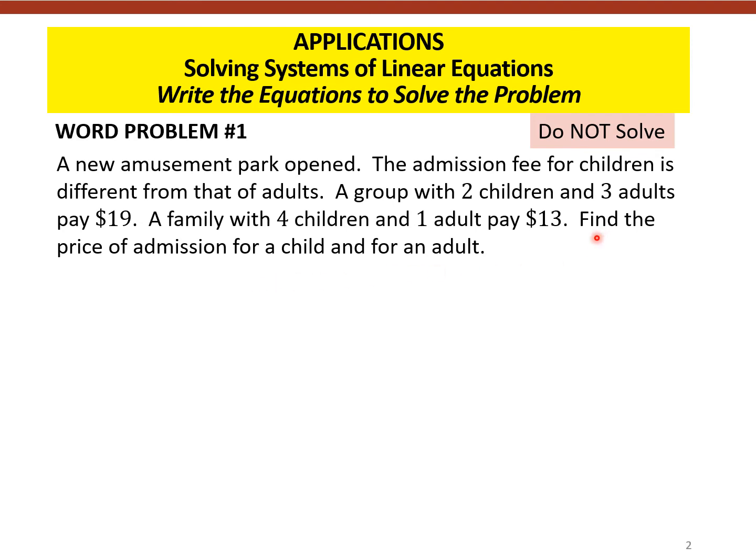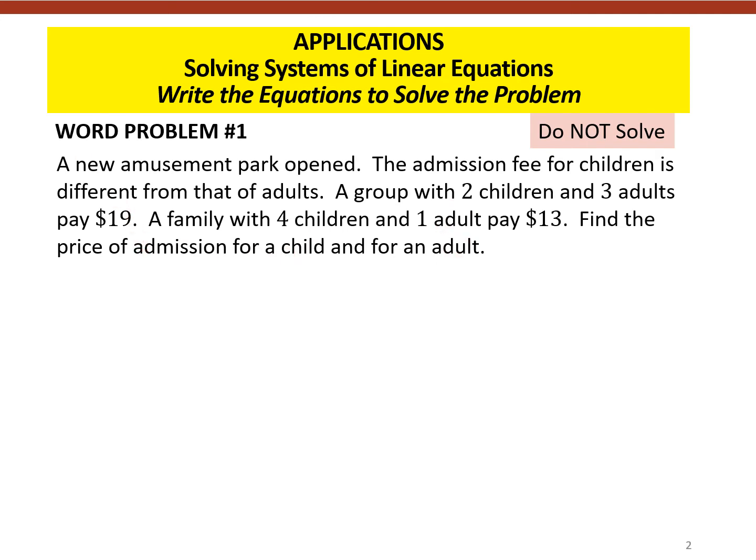So they're asking you to find the price of admission for a child and for an adult. Now remember, in systems of equations, we have an x and a y value. So here we have a value for a child's admission and a value for an adult's admission.